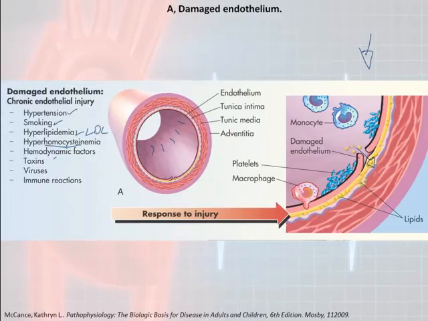Once the lipids are in here, they are oxidized and they now become oxidized LDLs. These oxidized LDLs start releasing chemicals that attract monocytes.